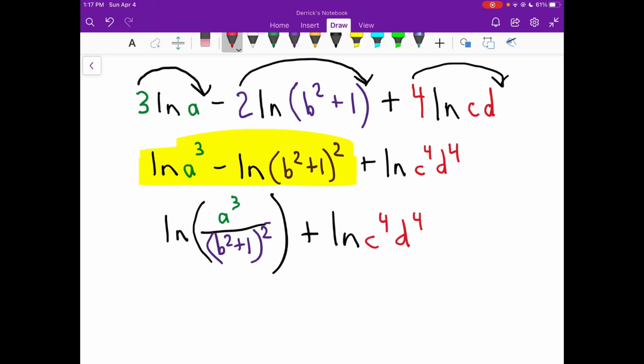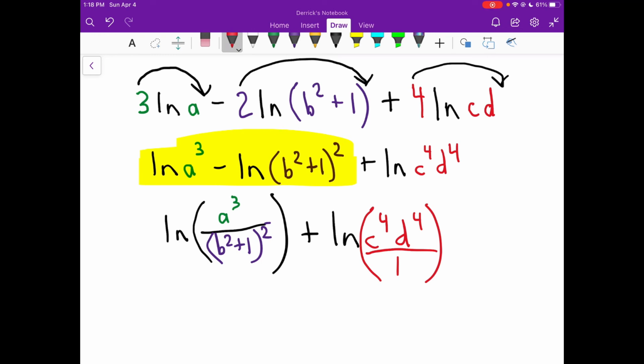And then we can do our last step of condensing these last 2 logs together. We know that addition condenses into multiplication. Recognize that if we are taking a fraction of the a to the third over b squared plus 1 quantity squared times c to the fourth d to the fourth, think of c to the fourth d to the fourth as the fraction making it over 1.